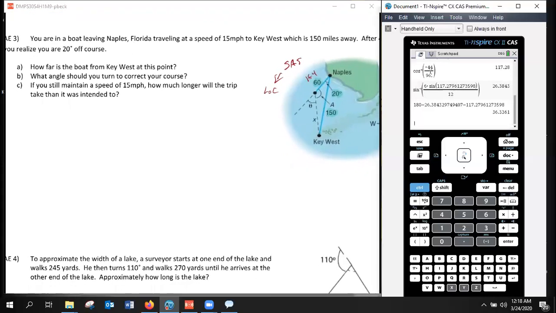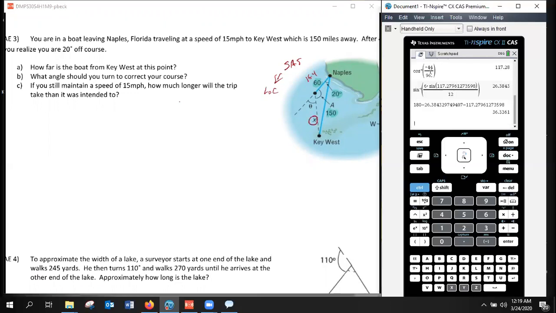Let me go ahead and rewrite the law of cosines, since it's been a minute since we've used it, or if you've been watching, roughly 5 minutes. I want to know how far away I am, so that would be x.